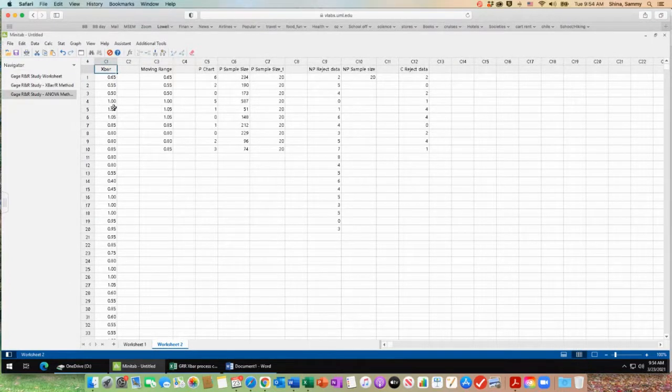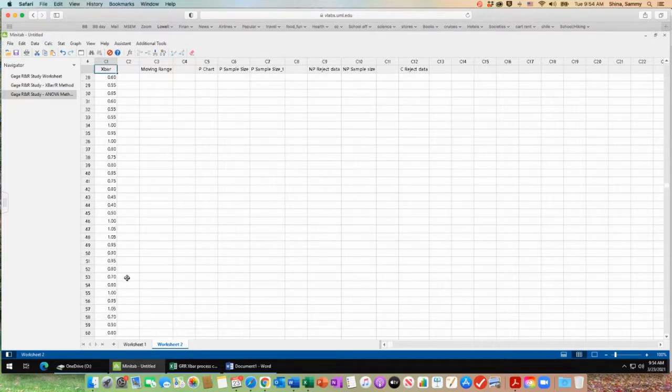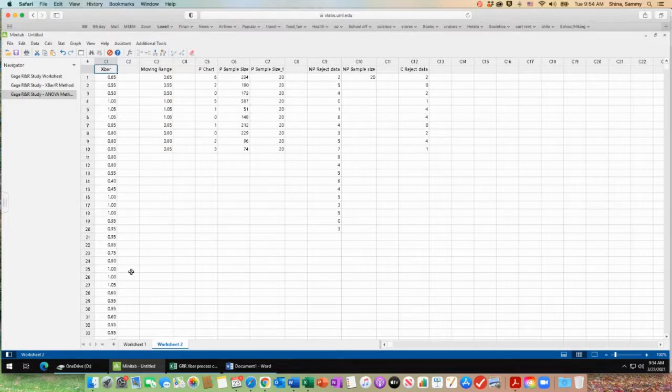Paste. So first column is X bar, and there should be 60 measurements of X bar. These measurements are arranged in 20 samples, each sample of 3. Then we have the moving range, which is the first 10 of those. I just copied them over.